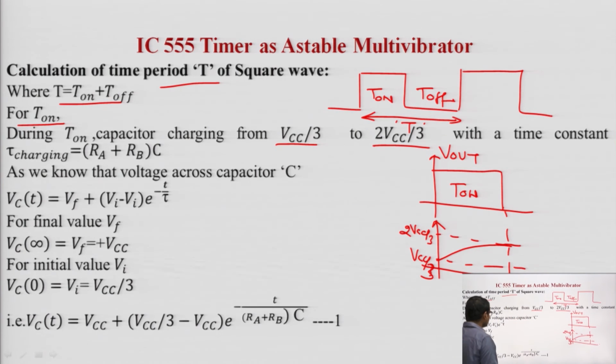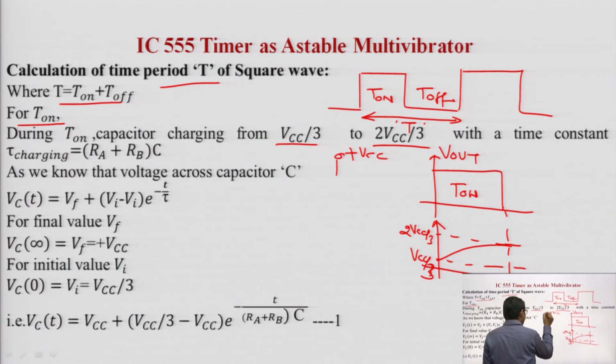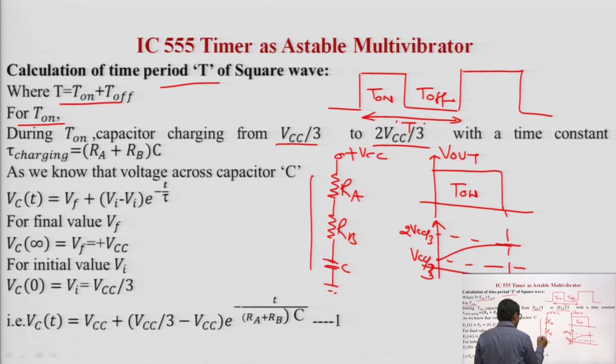In the charging path, this is the Vcc, this is Ra, this is Rb, this is the external capacitor C, and this is the ground. So the time constant is Ra plus Rb into C.